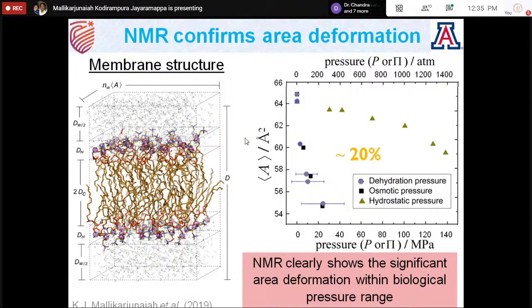If I draw a line here and measure the slope of this, though I have used only 3 or 4 data points here as a representative graph, and we had about 10 to 15 data points, I get the elastic property. What is the modulus of elasticity for this particular lipid?